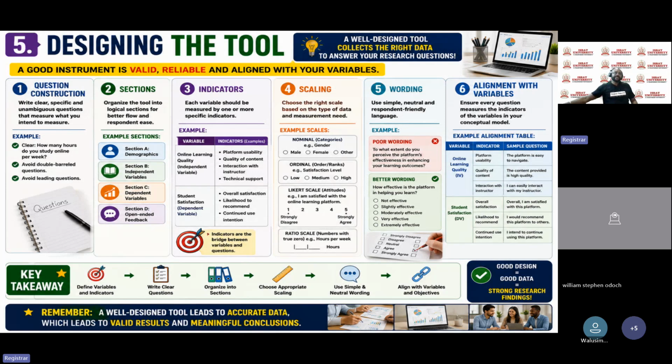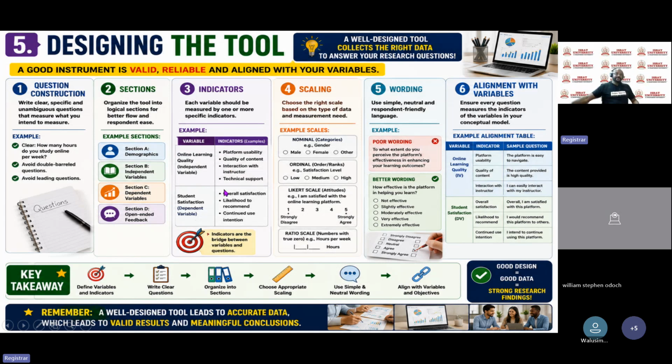Here, if you look at here, I have one variable, online learning quality, which is independent, that really affects my dependent variable, student satisfaction. So the things what I can get as indicators to represent the quality of online learning are platform usability, quality of the content, interaction with instructor, and technical support. These are not separate variables. These are the indicators that represent my independent variable.